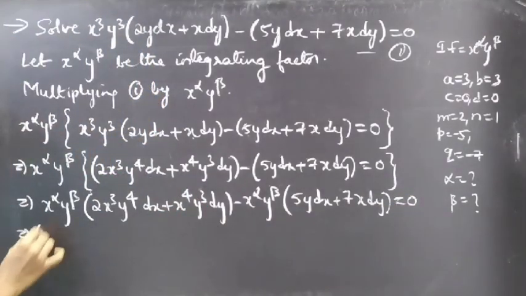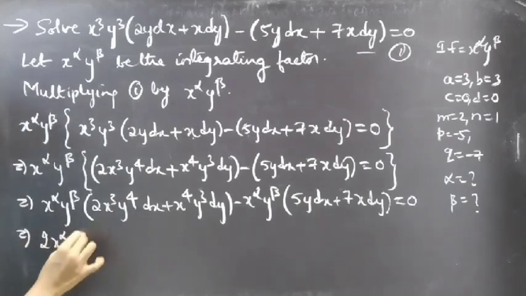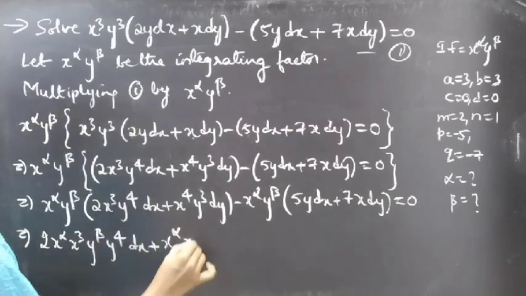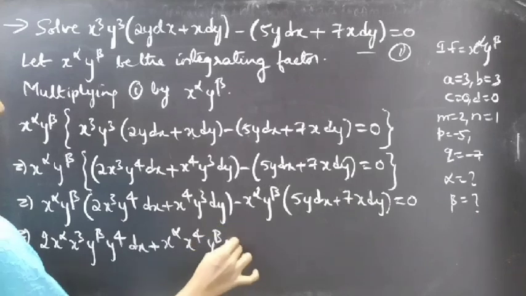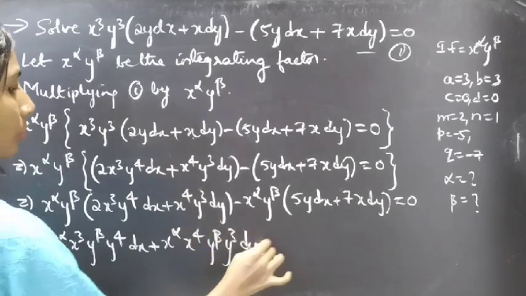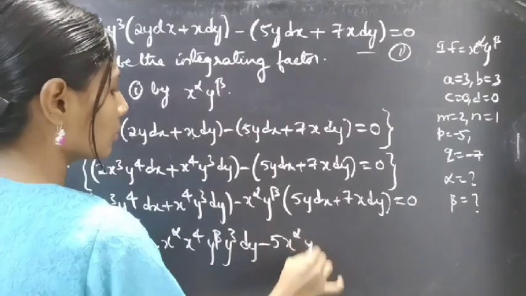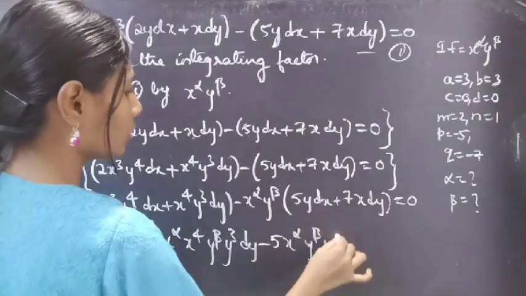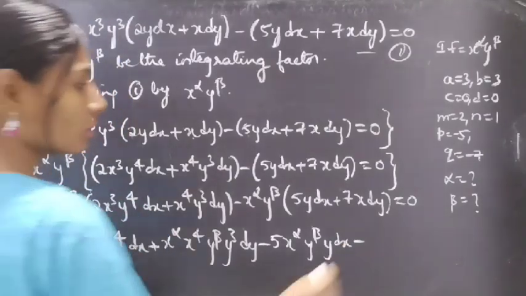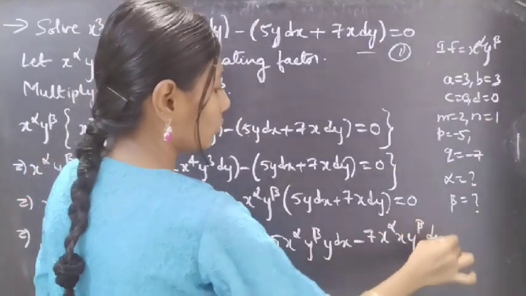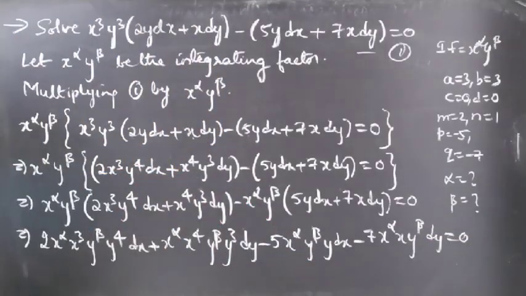This gives us 2 x power alpha into x cube y power beta into y power 4 into dx plus x power alpha x power 4 y power beta into y cube dy minus 5 x power alpha y power beta into y into dx minus 7 x power alpha into x y power beta into dy equal to 0, right?